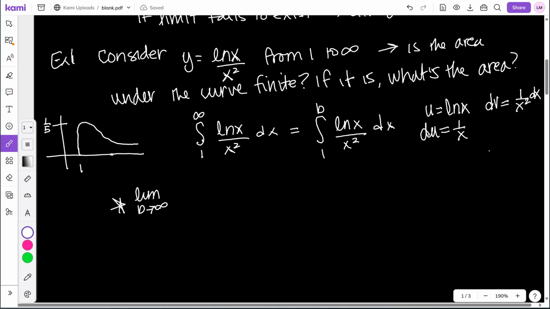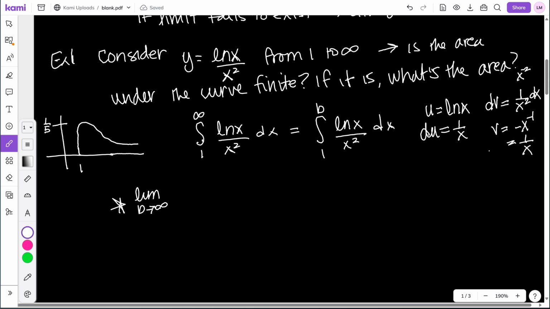And then v is going to be, when I integrate that, remember this is x to the negative 2. I'm integrating, sorry. I'm going to integrate x to the negative 2, so I'm going to go up 1 on the power and divide by the new power. So that's negative 1 over x.